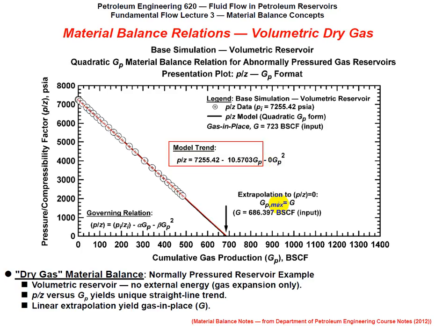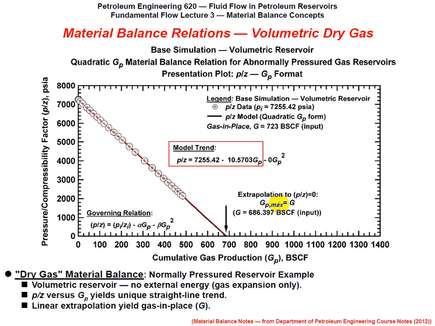There's a reason for that, and that is that the governing equation for abnormal pressure is a quadratic cumulative production relationship. I've attached the presentation for this, or I put it on the server as an extra presentation.